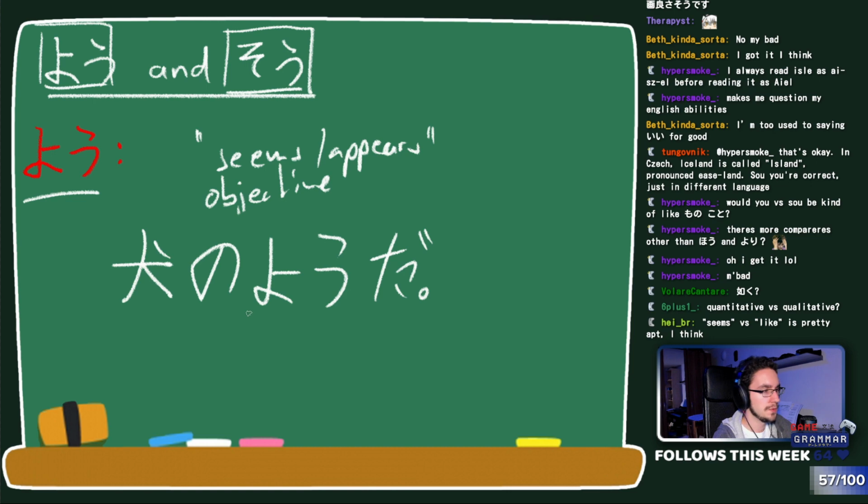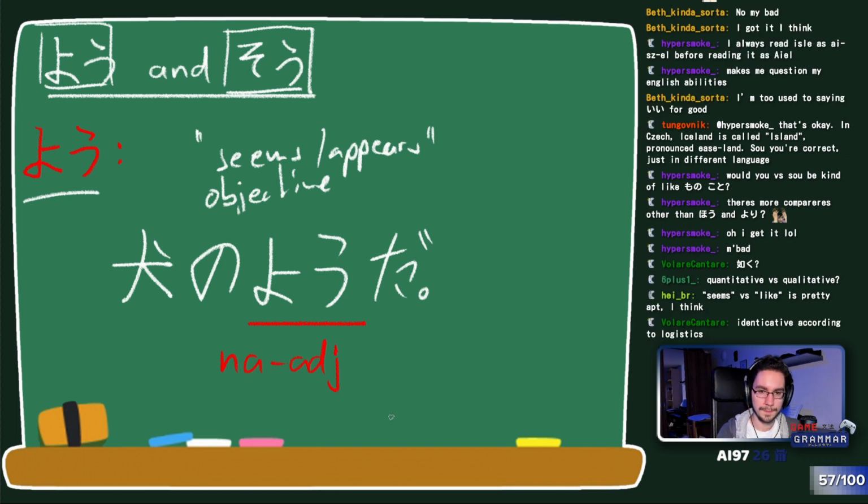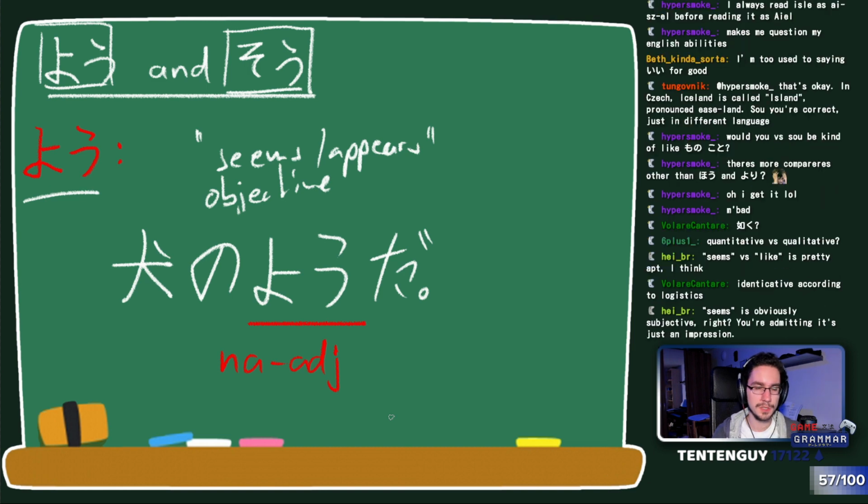Now, the cool thing about this is that we said yo can kind of behave like a noun or an adjective. So what's a thing we can do with adjectives? Well, we can use them as adverbs. Okay? What are adverbs? Adverbs describe actions. So we can take a comparison and then use it to describe an action or a noun actually.